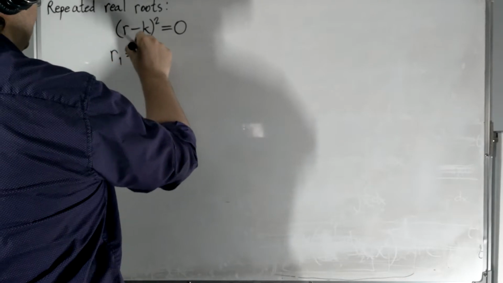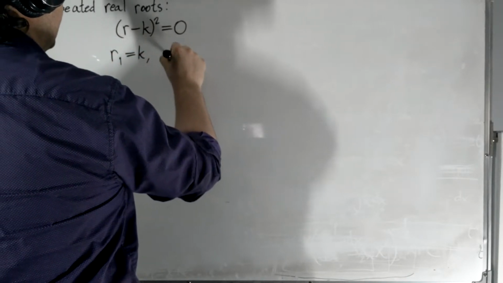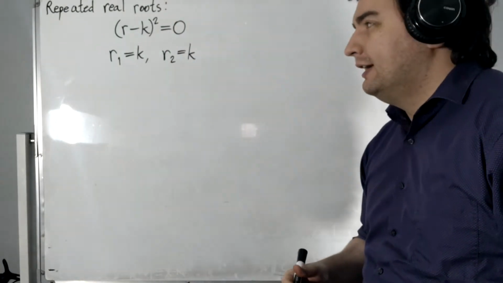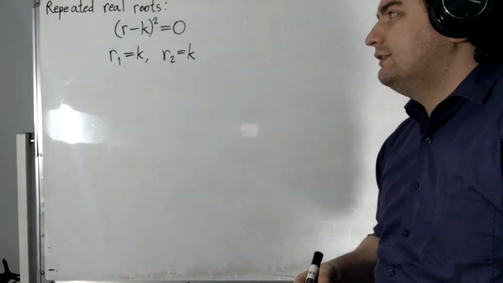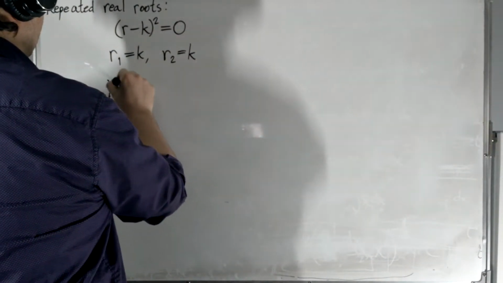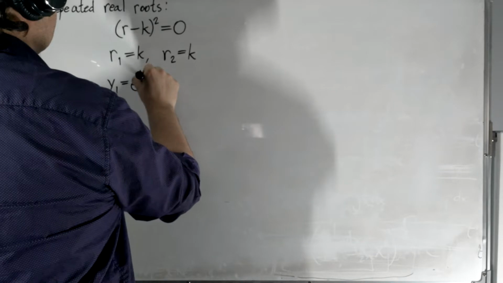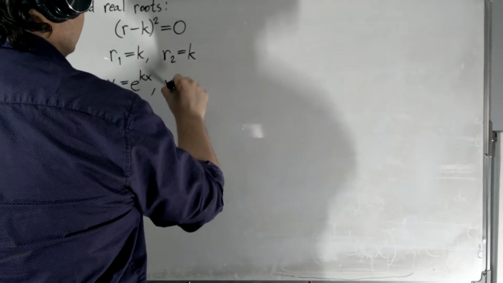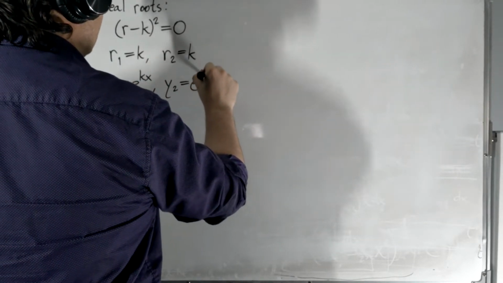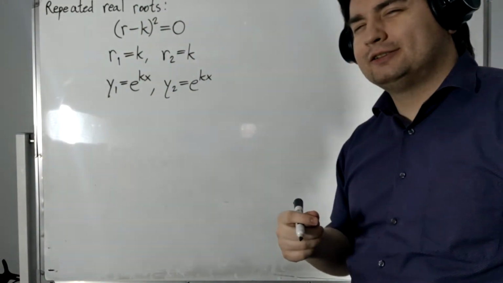One of them is k, and the other one, I guess, is also k. And then you're like, all right, well, that gives us two different solutions to the ODE. So we have y1, which is e to the kx, and then y2 is, I guess, also e to the kx.